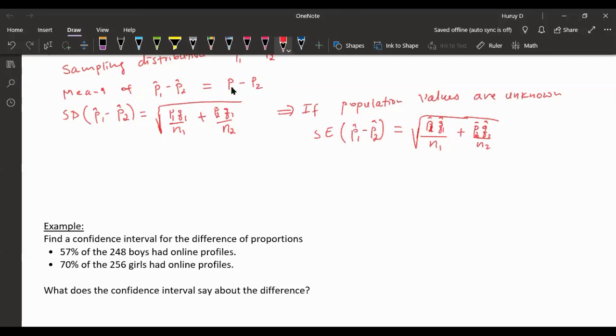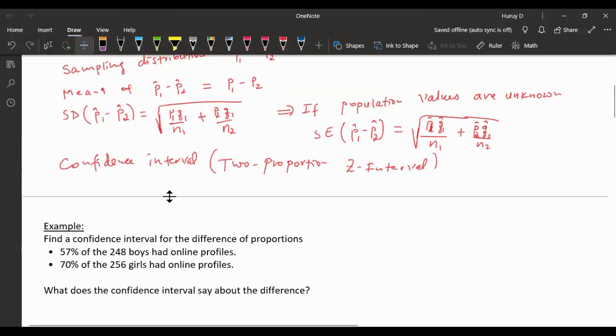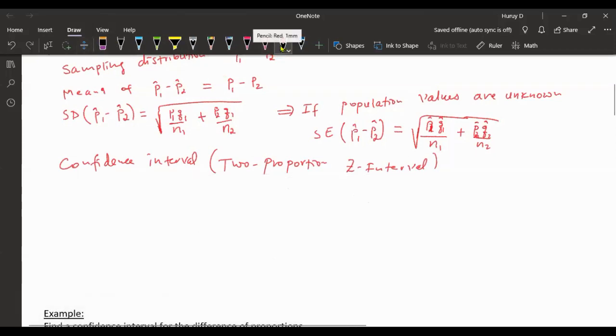We are trying to look at the difference. So we call this one the two proportion Z interval. This is just terminology, it doesn't matter. Just to differentiate from the one sample Z test or Z interval, we use this terminology.